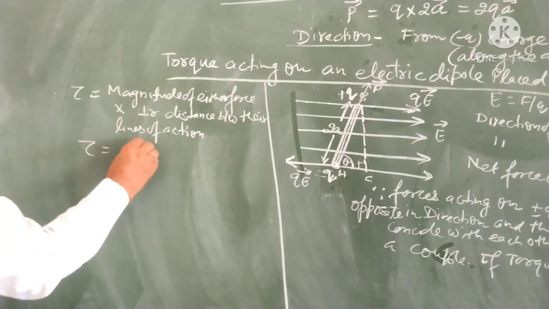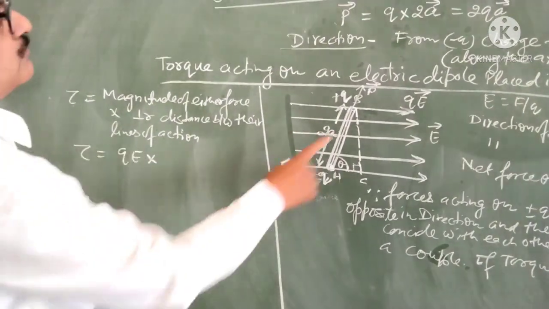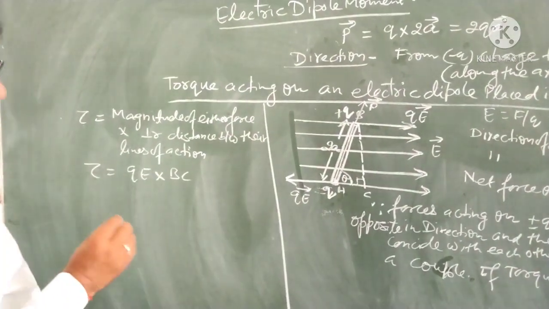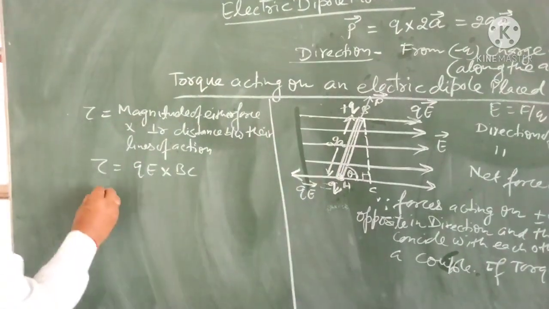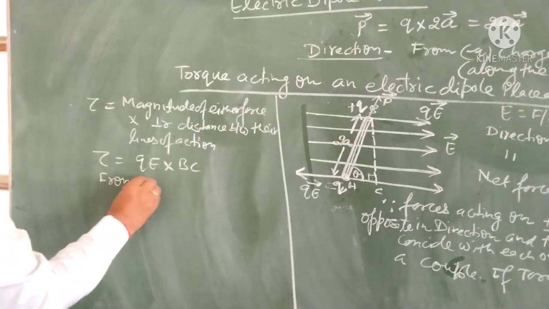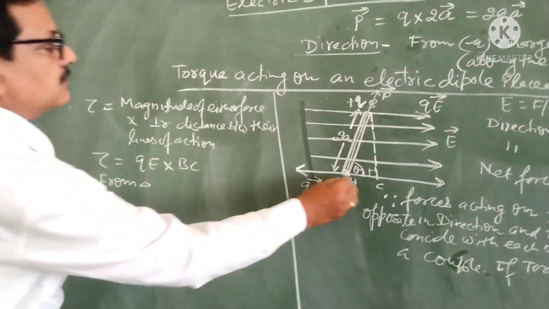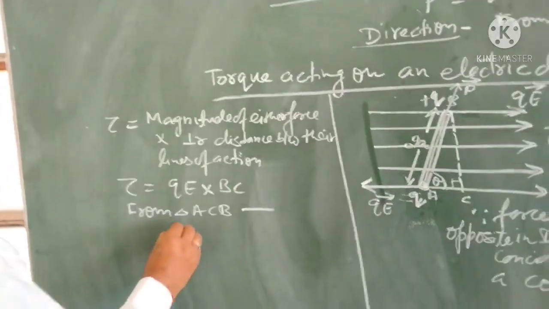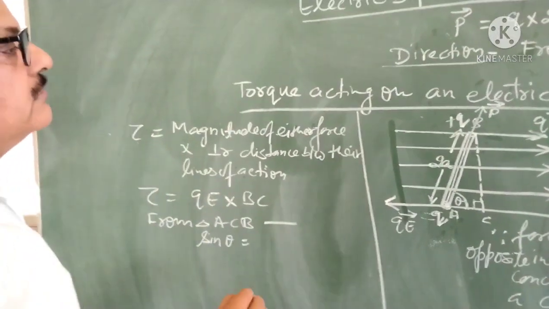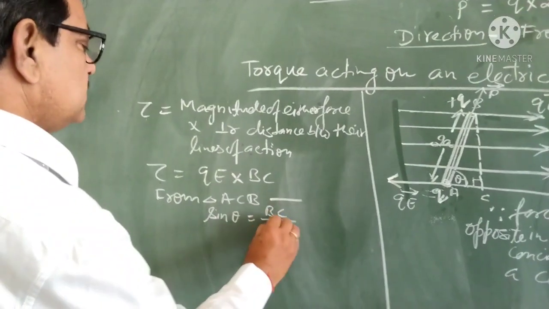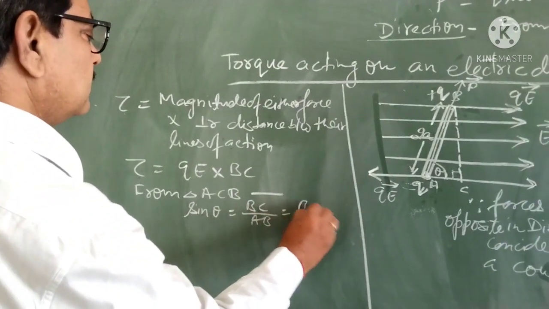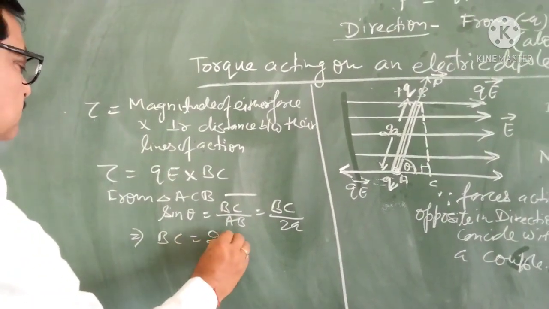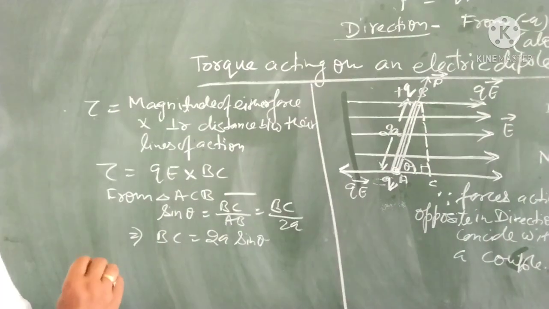So tau equal to qE, magnitude of force. Perpendicular distance is BC. Now we can find the value of BC from this triangle. From triangle ACB, sin theta is equal to BC upon AB, that is equal to BC upon 2a. So BC equal to 2a sin theta.